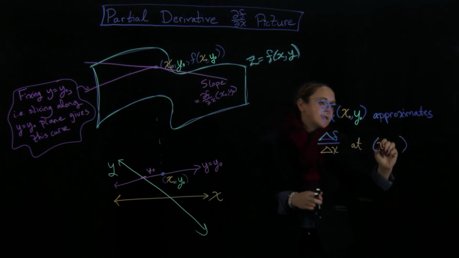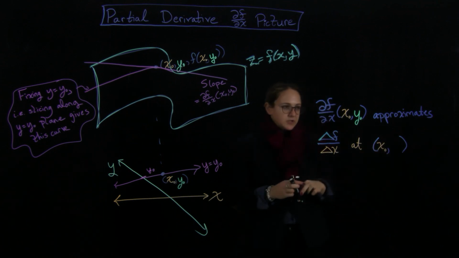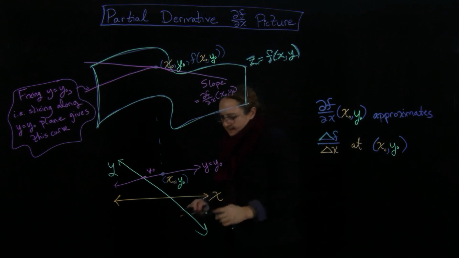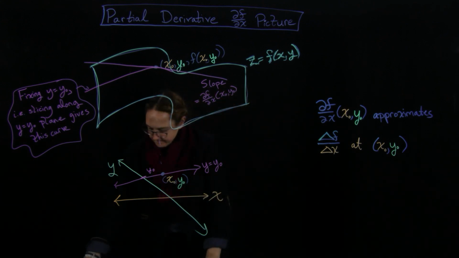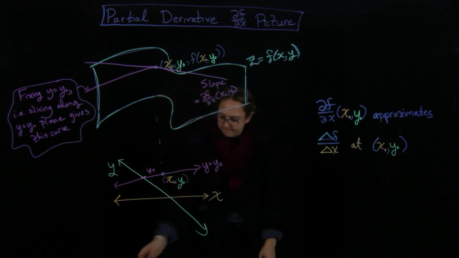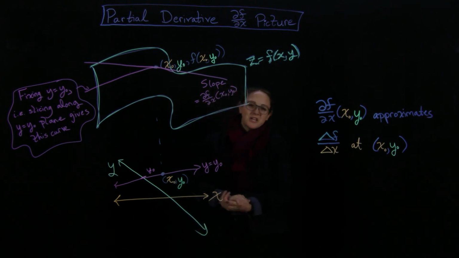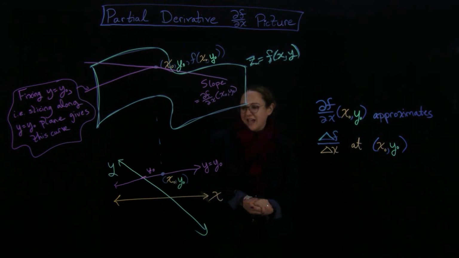So if I'm looking at here and I go in this direction, this is how x changes, right? How does the graph change as I change x?